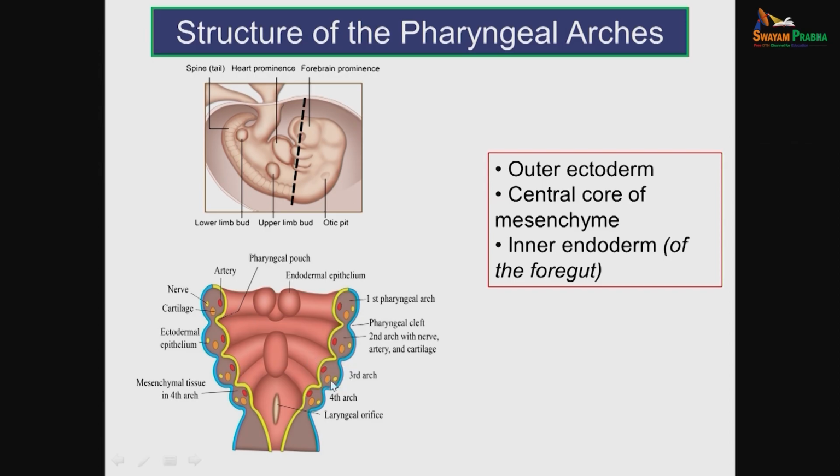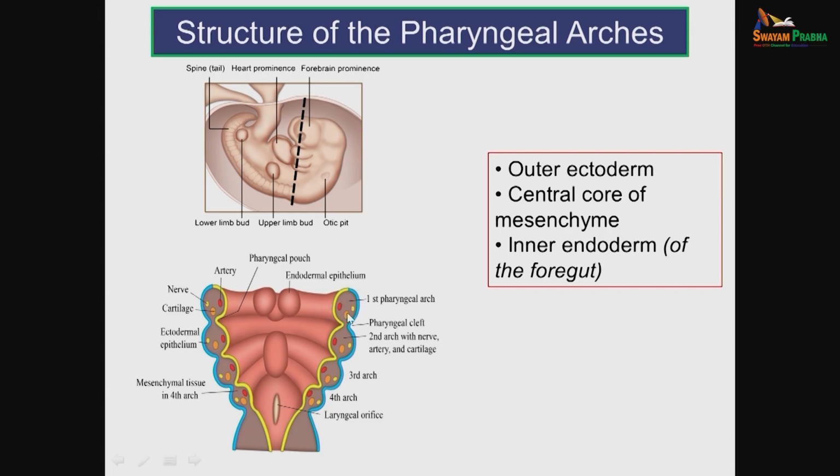They have a central core of mesenchyme, with nerve, artery and cartilage. I told you there are 6 pharyngeal arches, and the 5th arch disappears.